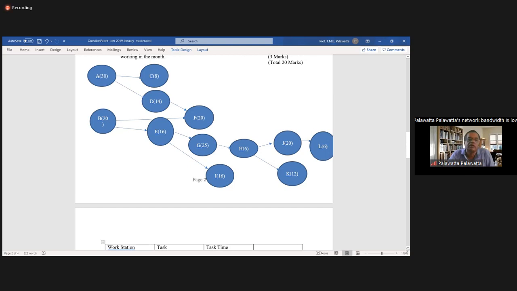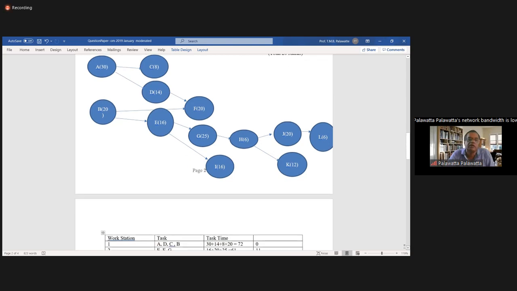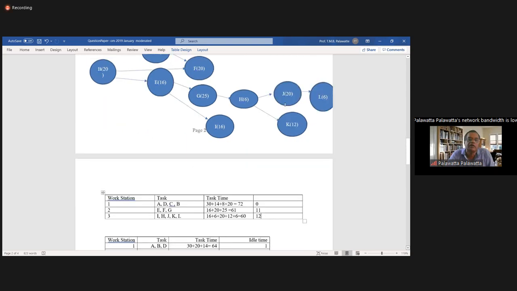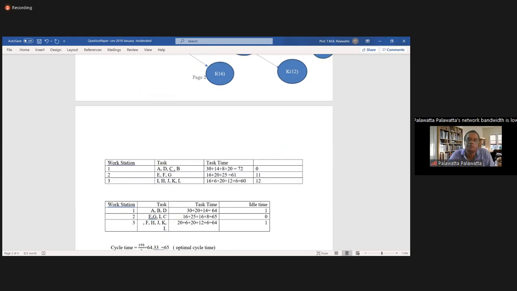With 12 workstations, the cycle time is 30, because the longest task time is going to be the cycle time.